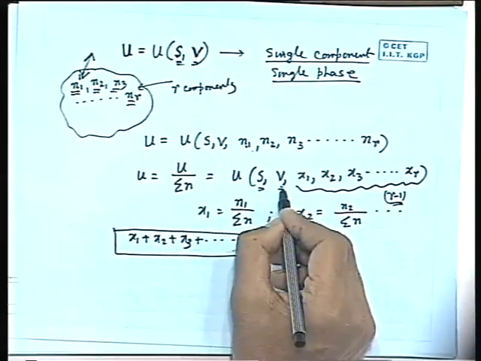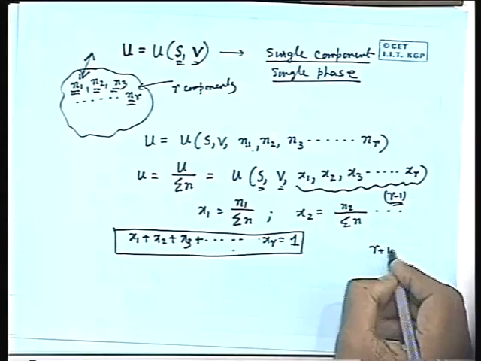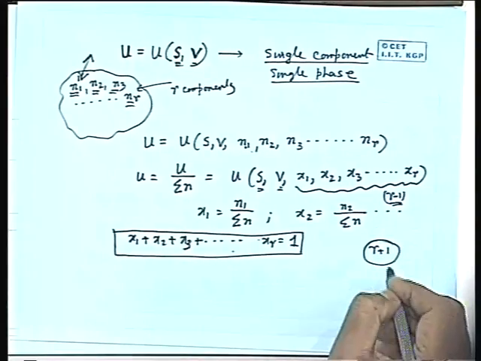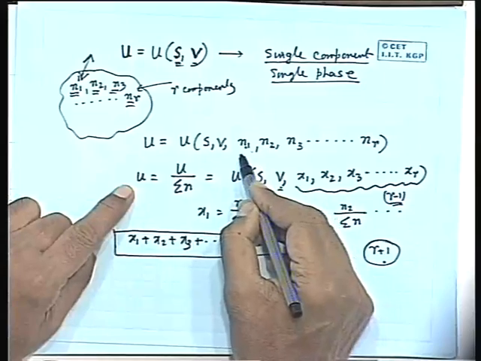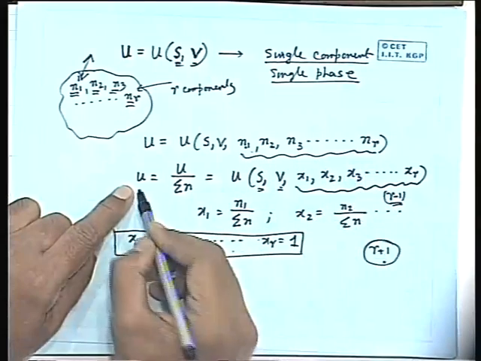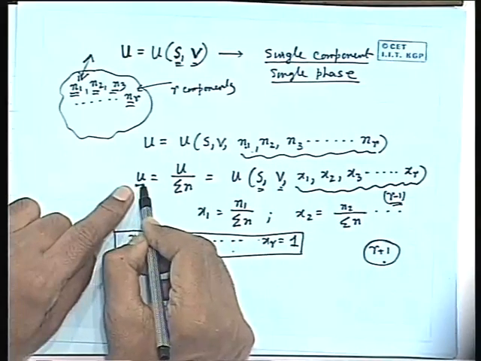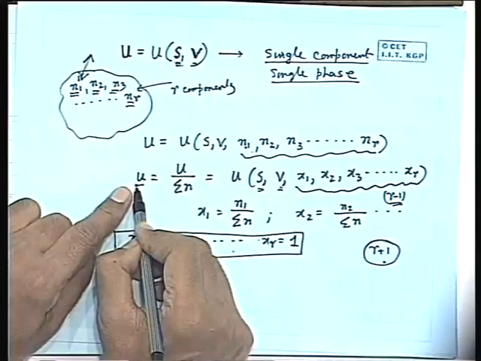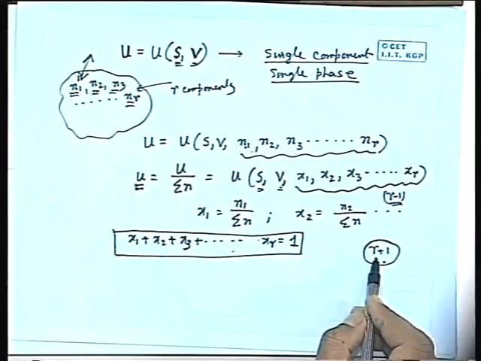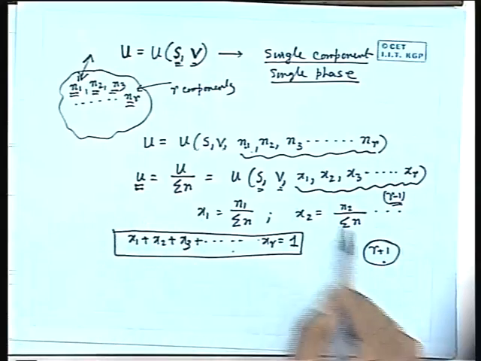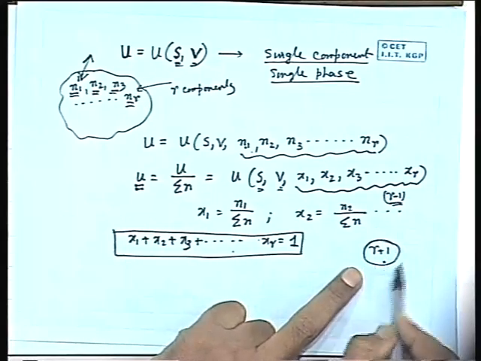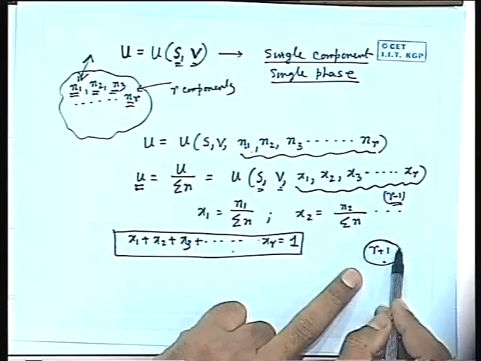Plus these two independent quantities, that means finally R plus 1 independent quantities, which agrees with the Gibbs phase rule: for R components in a single phase, the intensive property u is a function of R plus 1 intensive properties, of course this will be small s and small v.